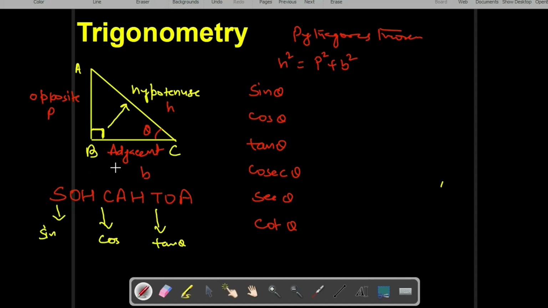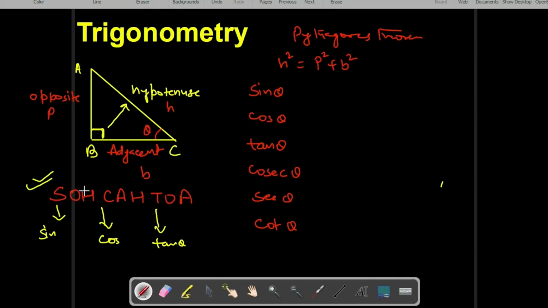Now O is opposite, H is hypotenuse, A is adjacent, H is again hypotenuse, T is tan theta, O is opposite, and A is adjacent. So SOH CAH TOA, this is the simple way you can remember it.